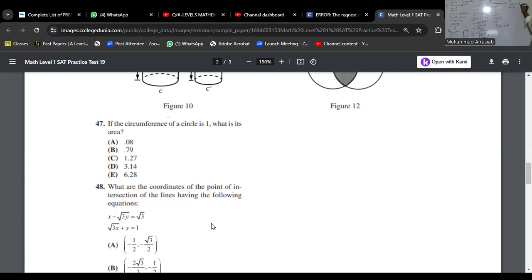These are the two equations given to us, and you are going to find the values of the coordinates of the point of intersection of these two lines.